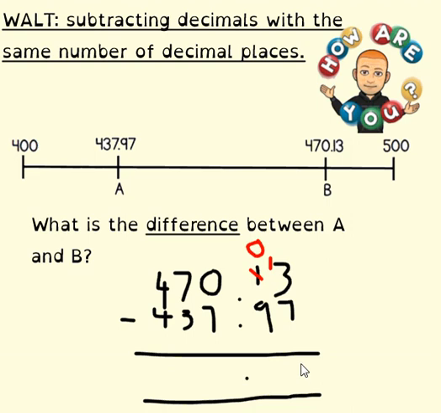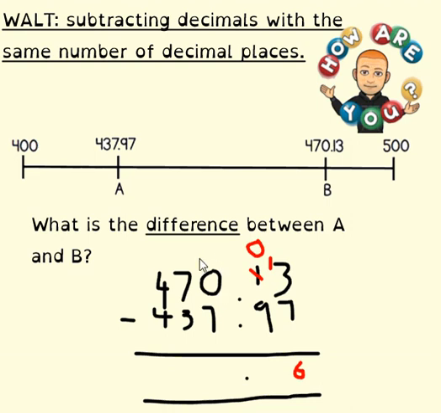I have a problem now because I've exchanged the 1/10 I had. I can't do 0/10ths take away 9/10ths. So I've got to exchange. When I go to the next highest value column though, there isn't a value in that column. So I need to go even further along and exchange from here.